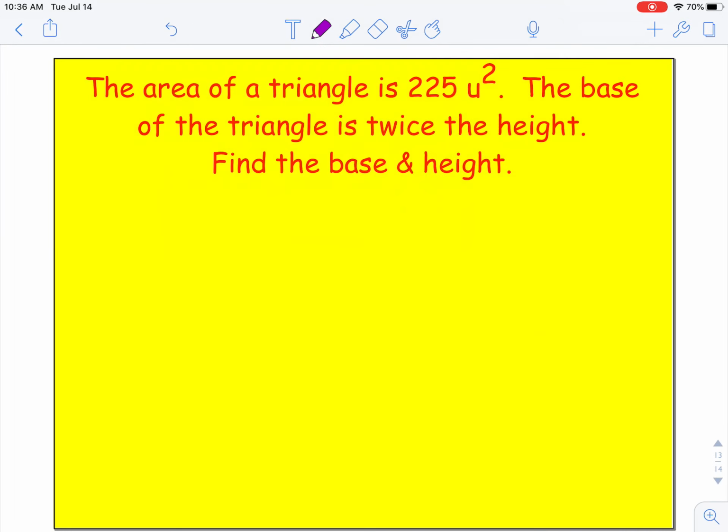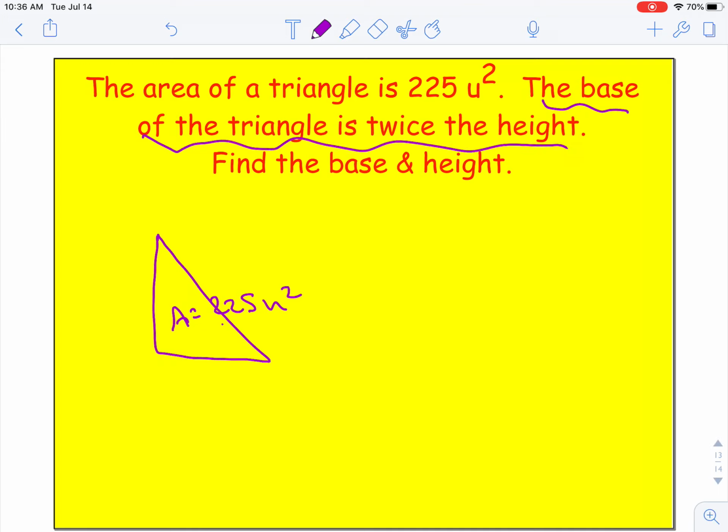So now let's get into something maybe a little bit more challenging. It says the area of a triangle is 225 units squared. The base of the triangle is twice the height. Find the base and the height. So here's my triangle. I know the area is equal to 225 units squared. I know that the base of the triangle is 2 times the height.